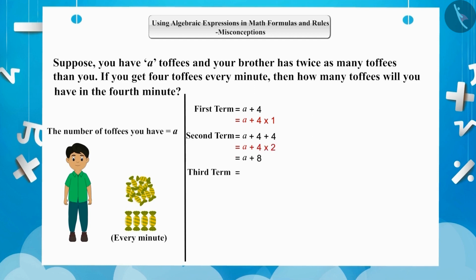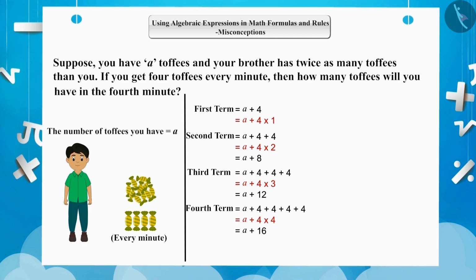The third term will be a plus 4 plus 4 plus 4, that is, a plus 4 times 3, which is equal to a plus 12. And the fourth term will be a plus 4 plus 4 plus 4 plus 4, that is, a plus 4 times 4, which is equal to a plus 16.